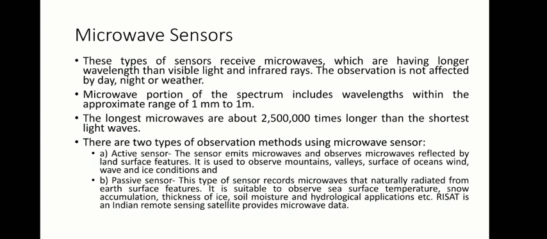This type of sensing records the microwaves that are naturally radiated from the Earth's surface features. It is suitable to observe sea surface temperature, snow accumulation, thickness of ice, soil moisture and hydrological applications. RISAT is an Indian remote sensing satellite that provides microwave data.